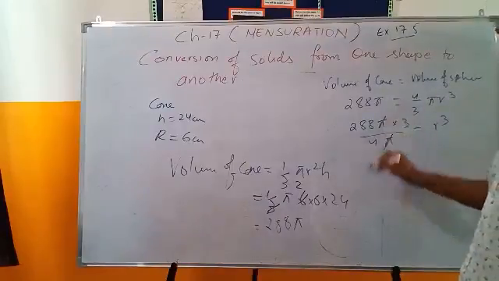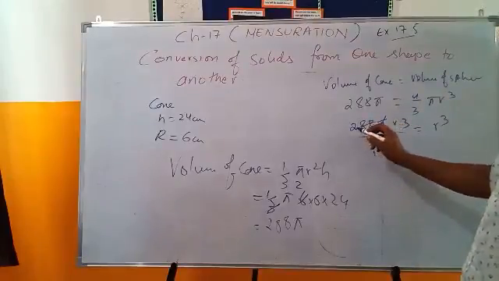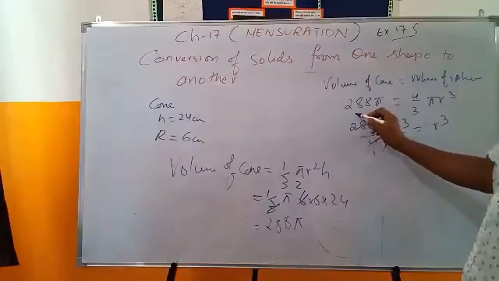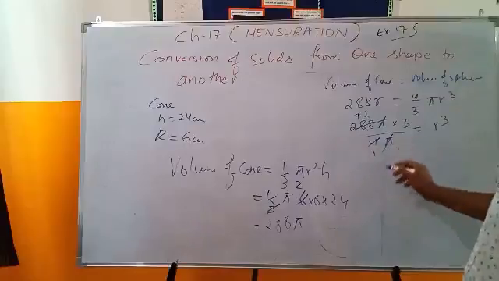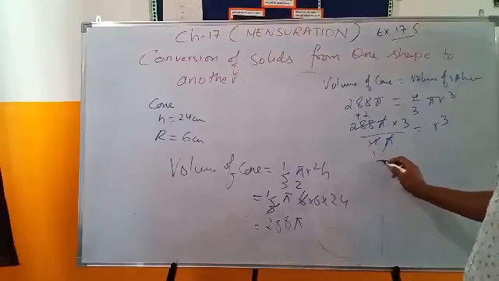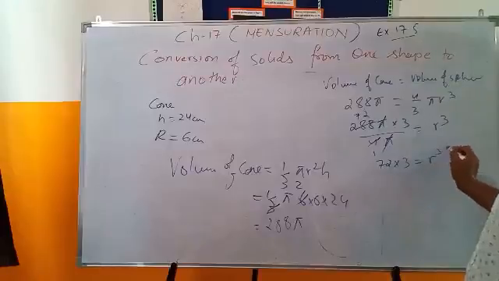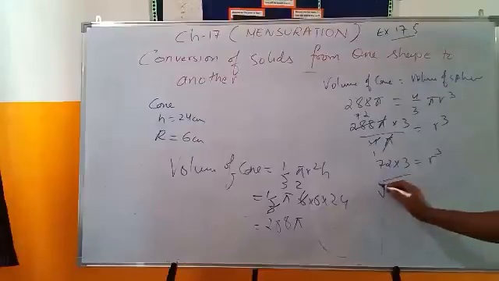The pi and pi get cancelled out. 4 ones are 4, 4 sixes are 24, 4 sevens are 28, and 4 twos are 8. And then what is left with me? 72 into 3 equals r cube. Now the cube goes to that side and becomes a cube root.